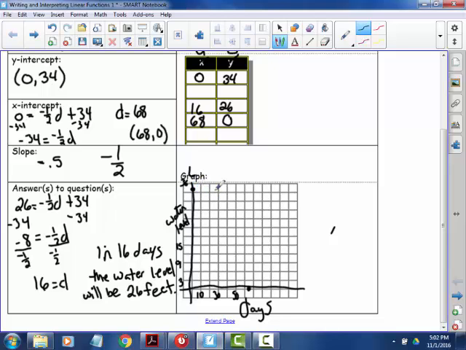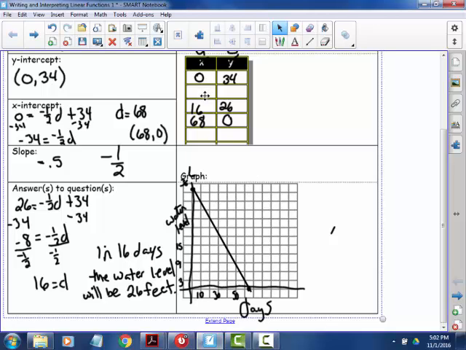Okay, and then I would want to connect my points. Okay. All right. So there's my graph.